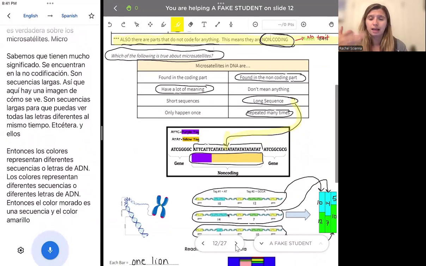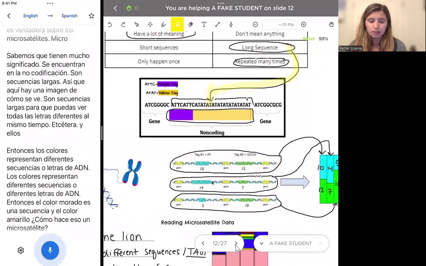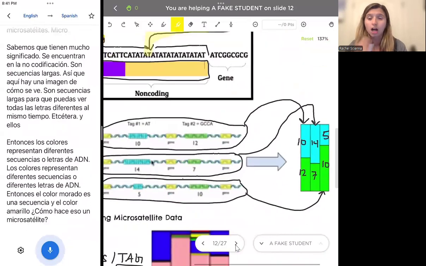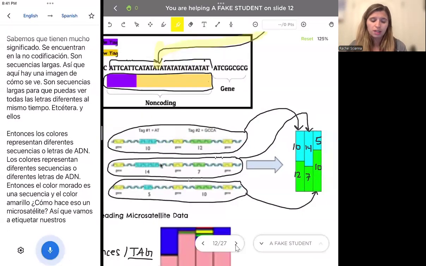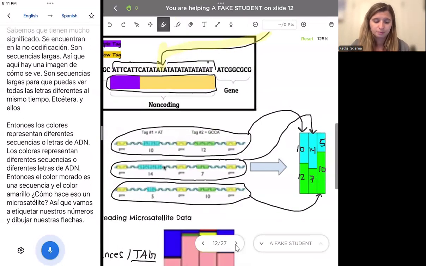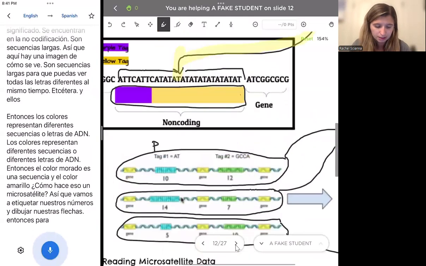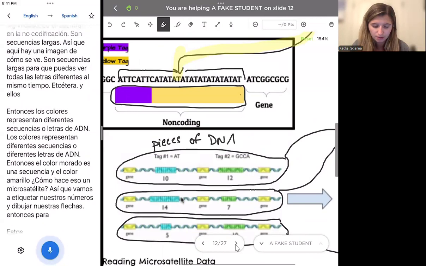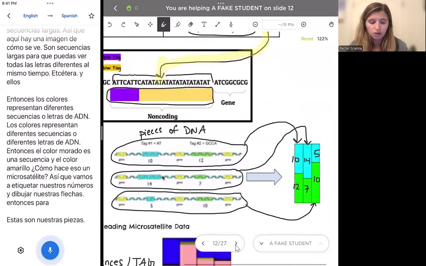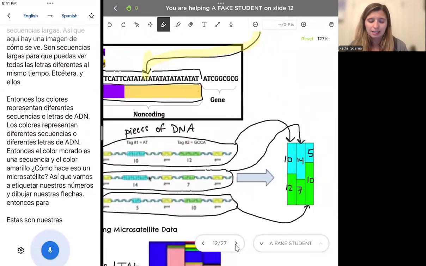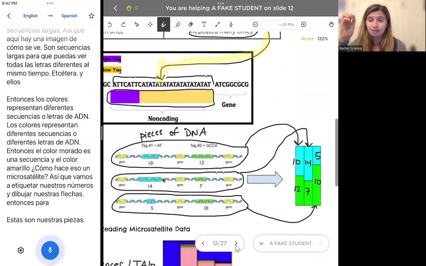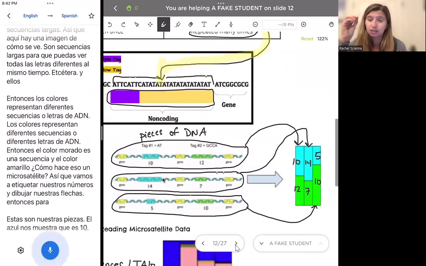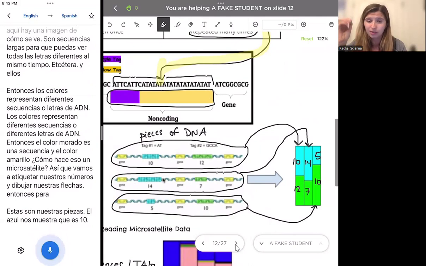How does that make a microsatellite? Let's look. So we're going to label our numbers and draw our arrows. For this piece of DNA, the blue shows us that it is 10 sequence length.